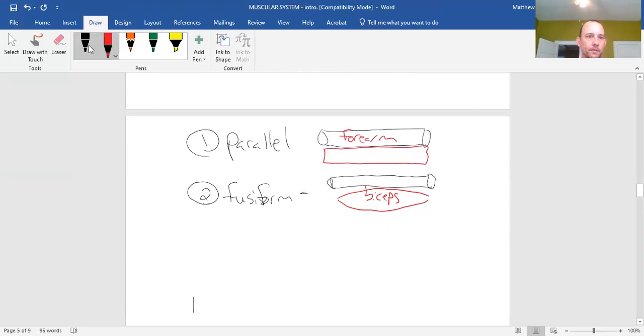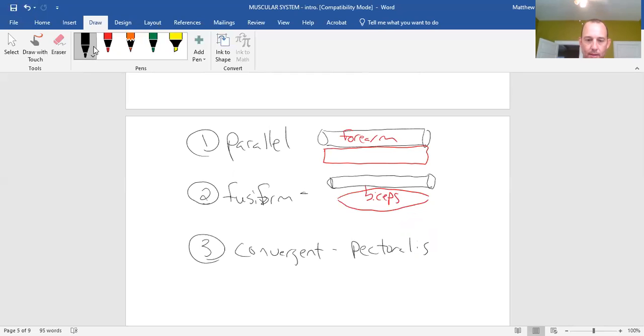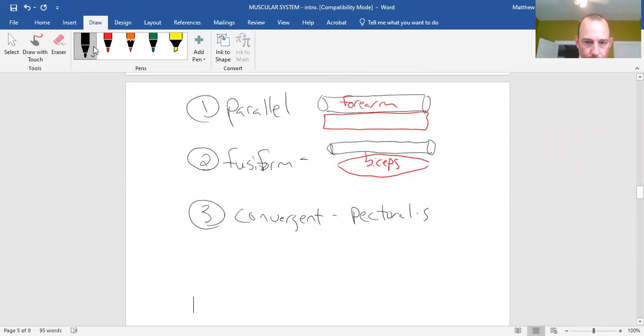The next type is convergent. Convergent example that I gave already, your pectoralis muscles, your chest muscles. If we take and look, you have a sternum, your breastbone, if you will, and you have your humerus, your arm out to each side.